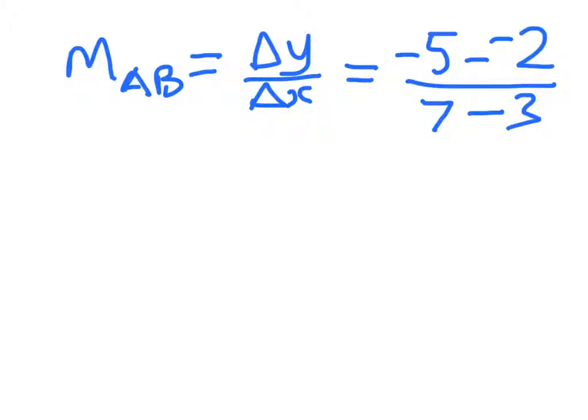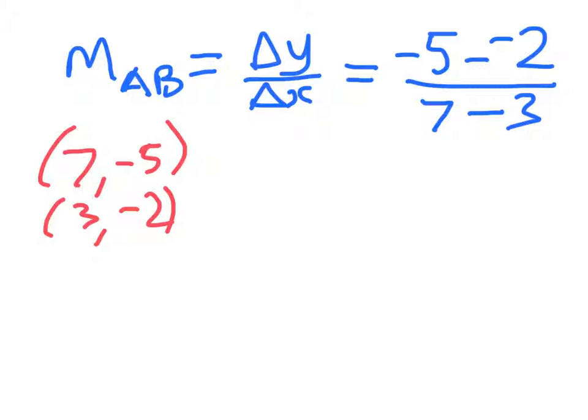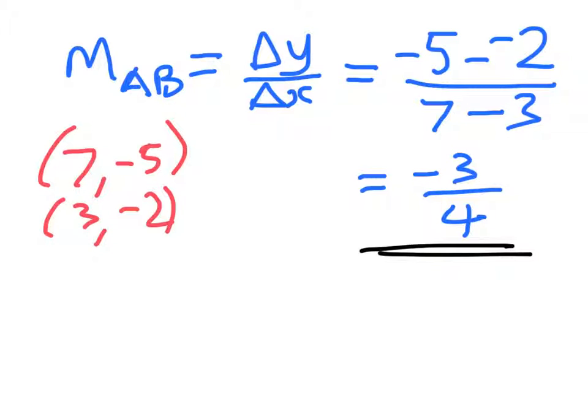Remember the points I'm working with are 7, negative 5 and 3, negative 2. This finding the gradient step should be feeling very easy by now. What I've got to do next is simplify that. Negative 5 plus 2 is negative 3. 7 minus 3 is 4. And that fits with what we saw, so we should be feeling quite good about that.